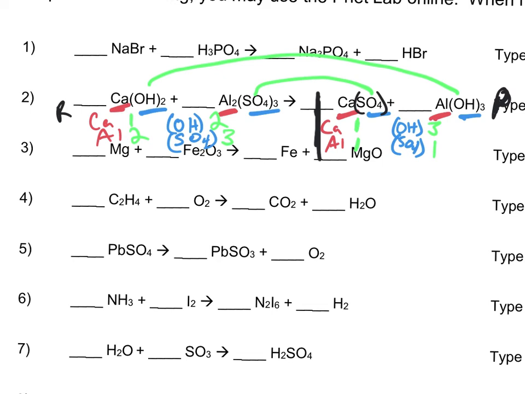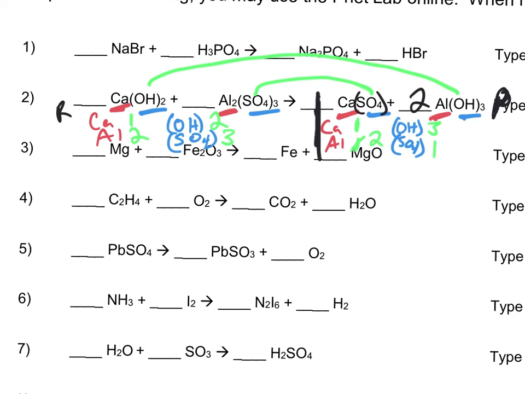So, I don't like the fact that there's 2 aluminums on the reactant side and 1 on the product side. So I've got 2 aluminums and I've got 1. So I'm going to put a coefficient here to turn this 1 into a 2. So I put a number out front, and I changed my aluminum, so now I have 2 aluminums.